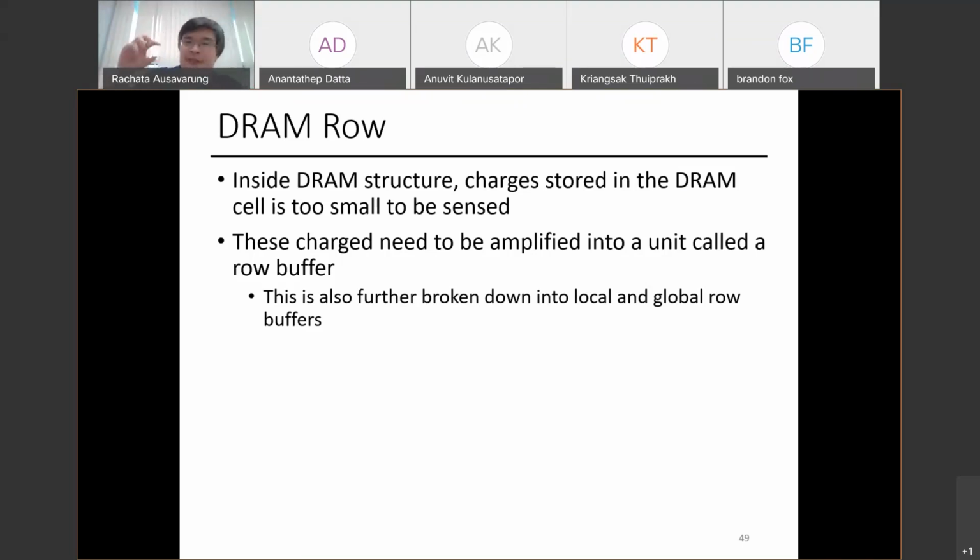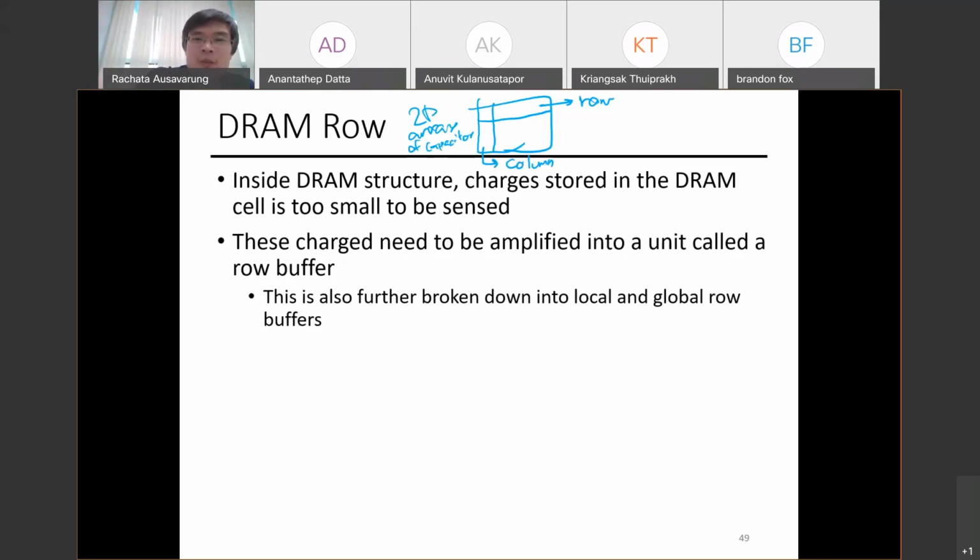This series of amplifiers is called a row buffer. Recall that we have a row of DRAM. Basically, DRAM is structured like this. It is just a 2D array of capacitors. We call this a row, and over here is a column.